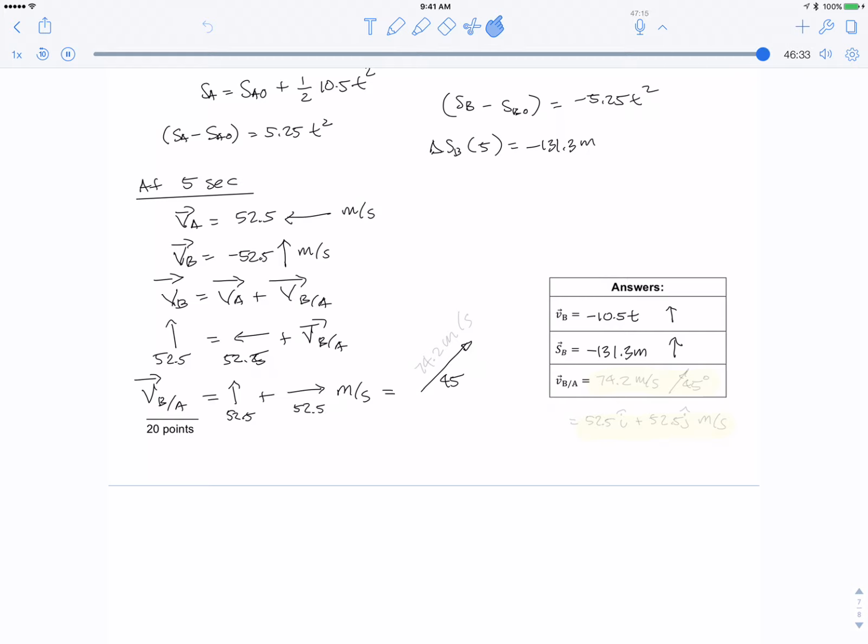And using Pythagorean's theorem, that comes out to 74.2.